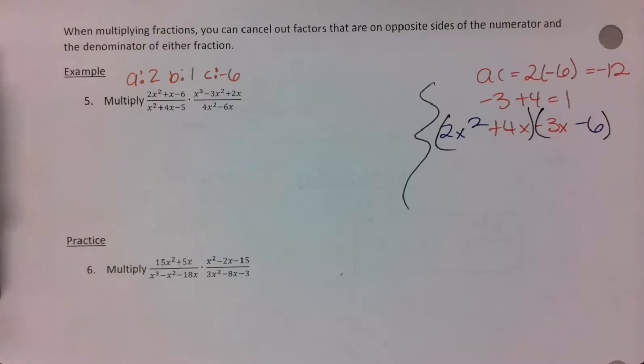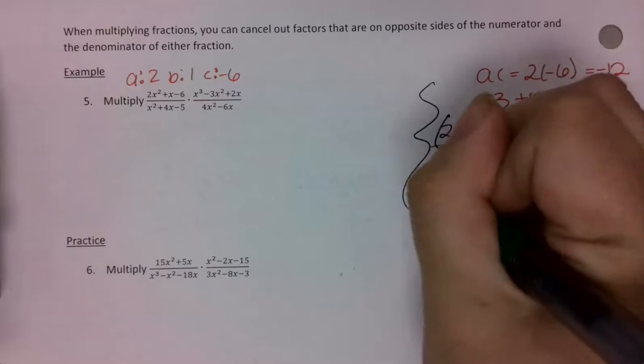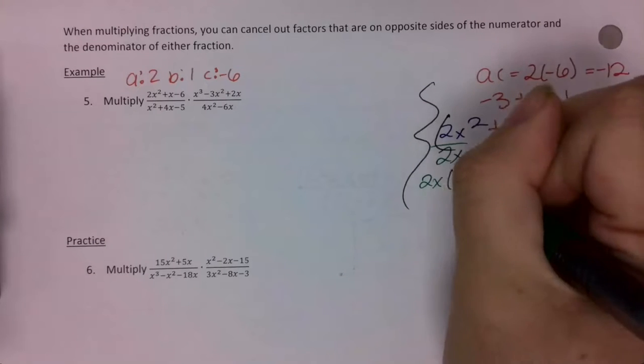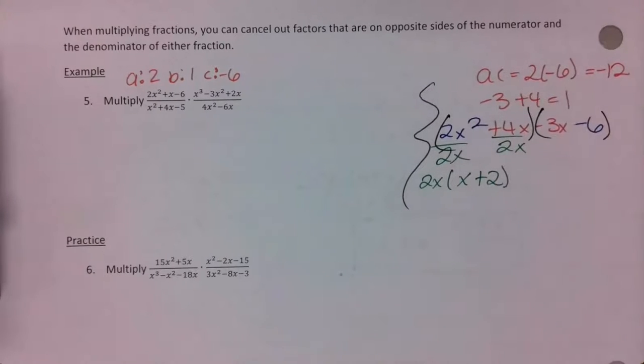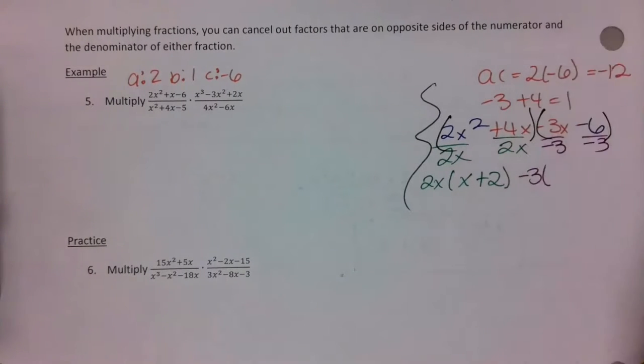Okay, what can I divide out on my first group? And I'm left with... in my second group, what can I pull out? And what am I left with?